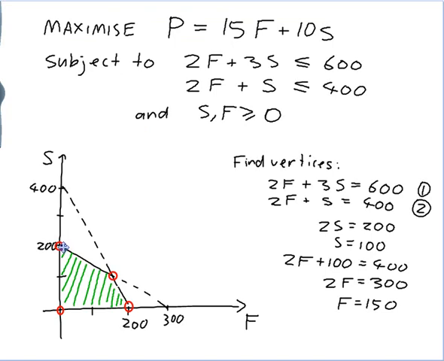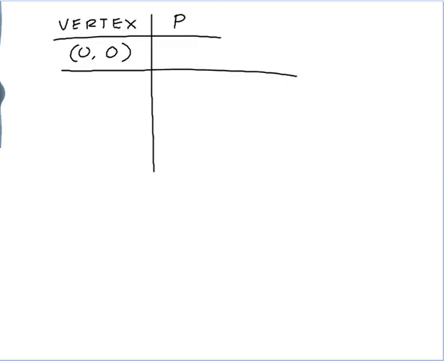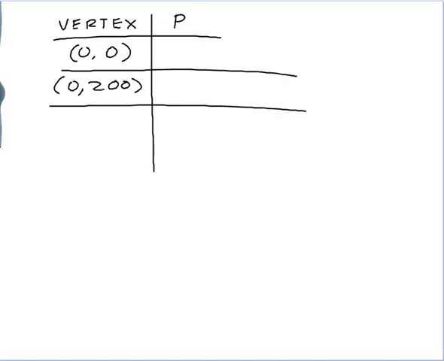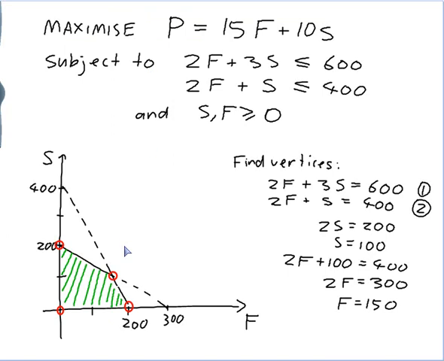This vertex here is 0, 200. This vertex here is 200, 0. And finally, this vertex here is 150, 100.